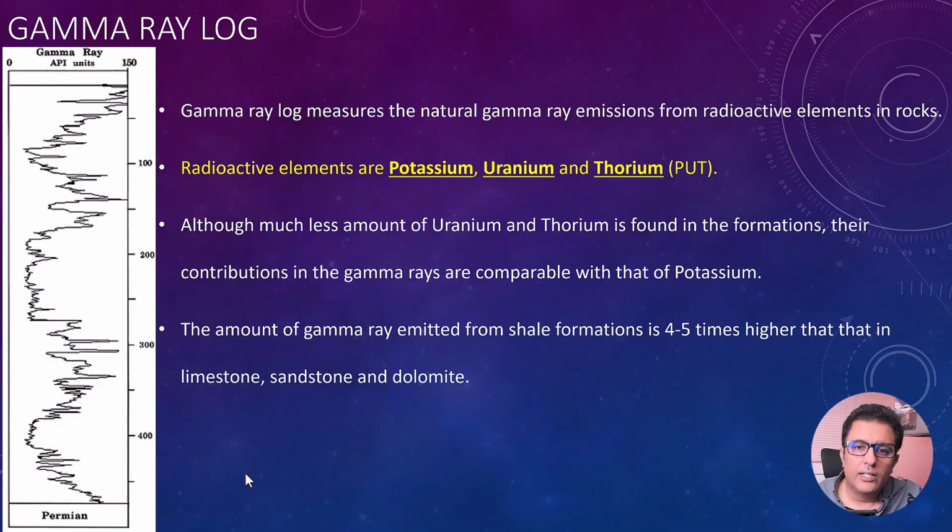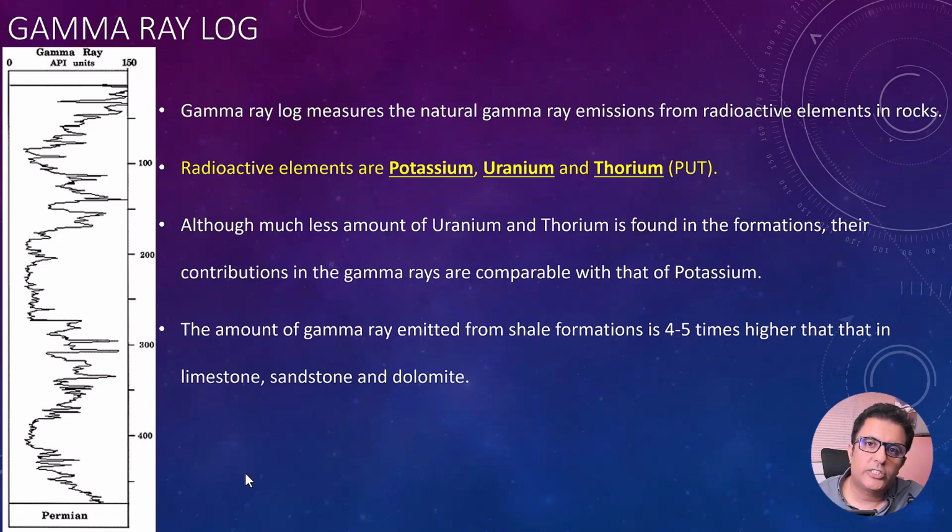How are gamma rays produced in nature? There are some radioactive elements such as potassium, uranium, and thorium. So in order to memorize it better, just think of the acronym PUT: potassium, uranium, and thorium.